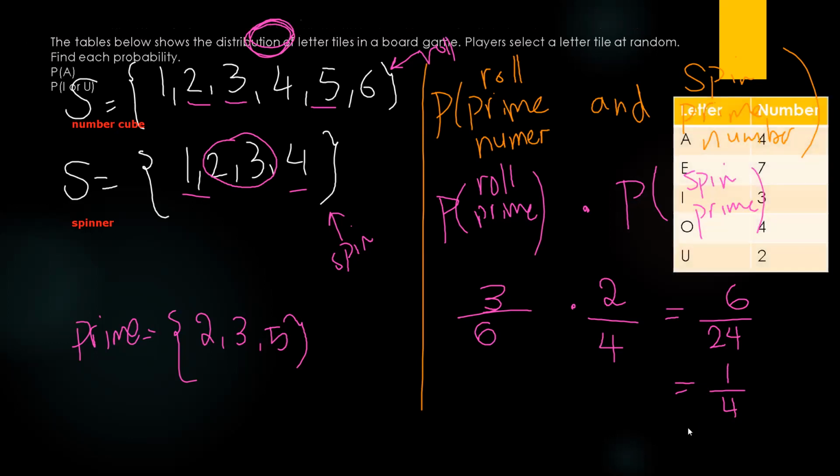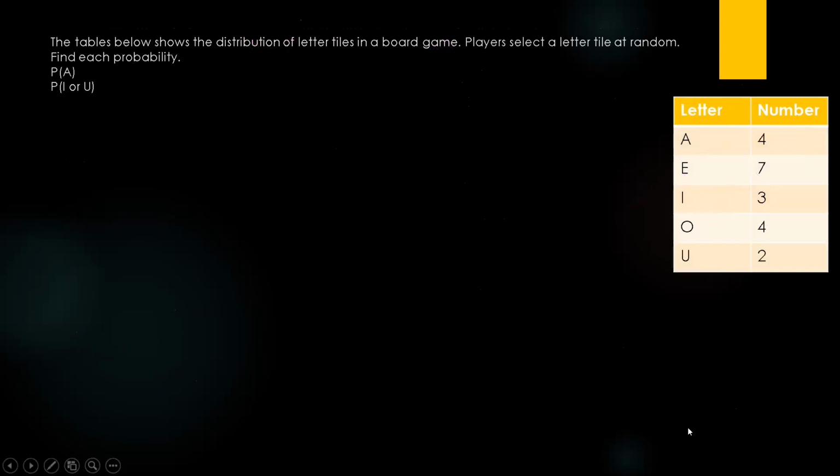Now, this example. The table below shows the distribution of letter tiles in a board game. Players select a letter tile at random. Find each probability of choosing a letter A, or choosing a letter I or U. Let's start with the first case, probability of A. This is a simple event, a probability of one event.